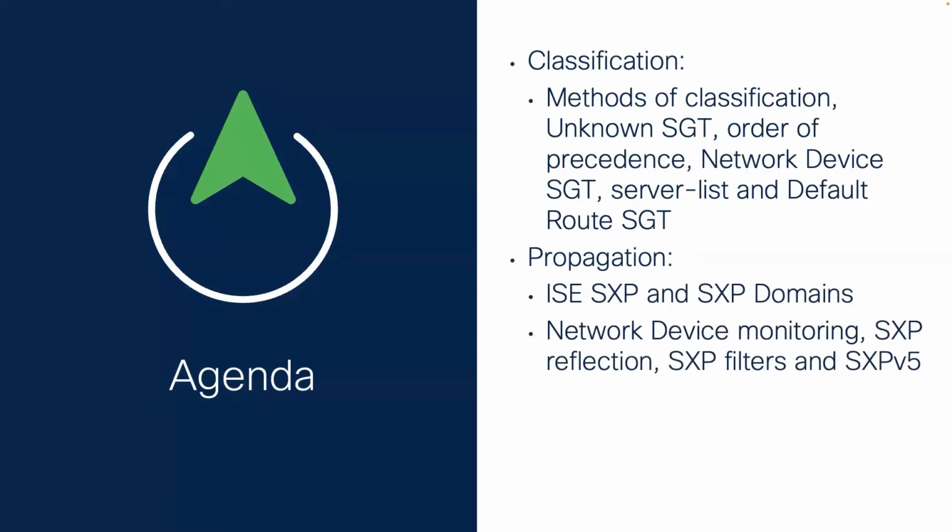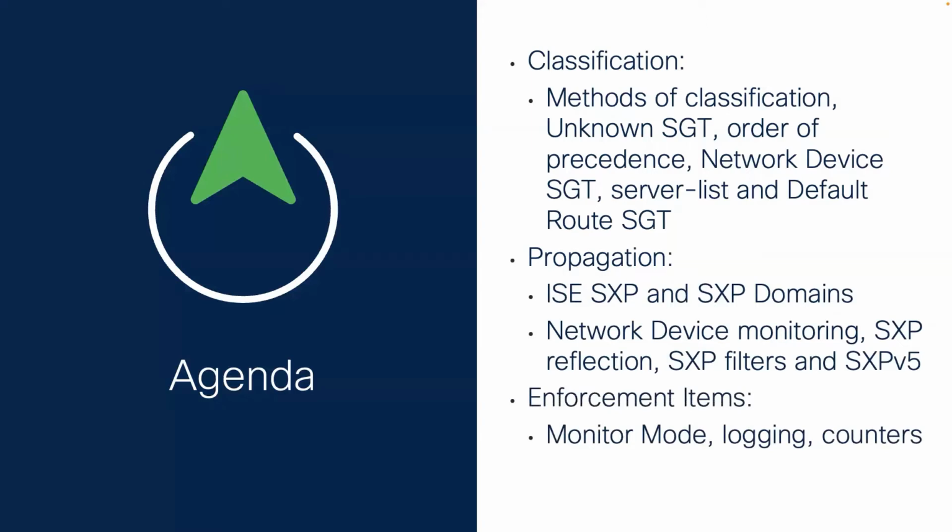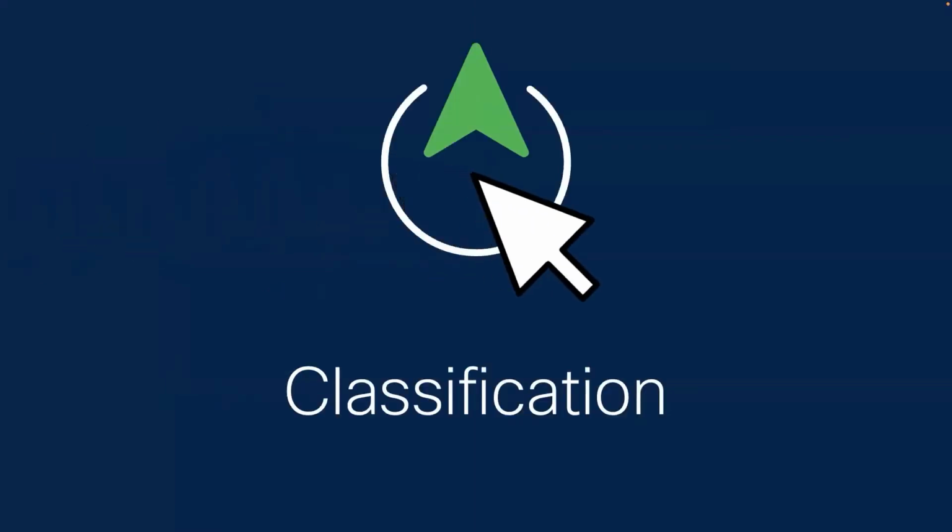Going to talk about SXP Reflection, SXP Filters, and a new version of SXP called SXP version 5 that came in 17.9.1. And then moving on to enforcement, monitor mode, logging, and counters. And then I'll just finish off with a new doc that we've written for SGT support on the 9800 wireless LAN controller. Okay, so moving on to classification.